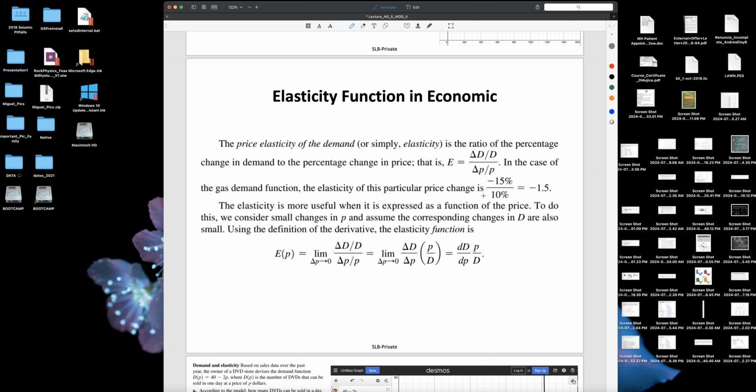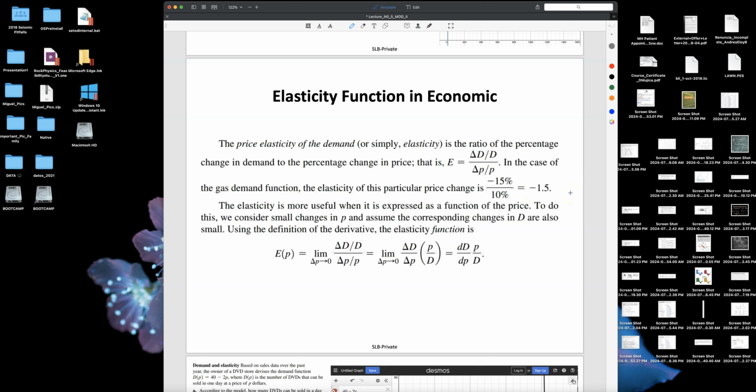And they got that the percentage change in the demand was 15% based on the price increasing 10%. And they made that ratio. And when they made the ratio, they got negative 1.5.